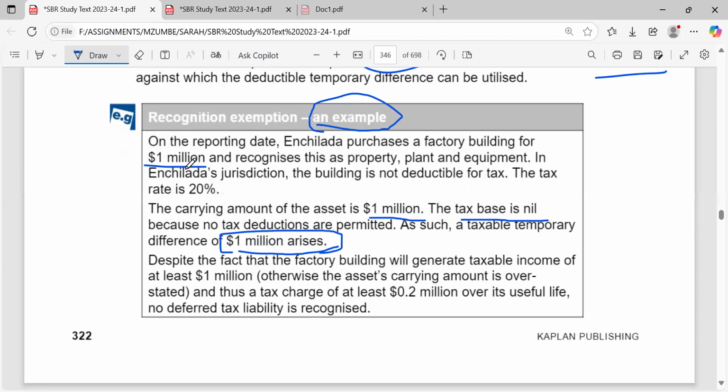It means 20% times $1 million of temporary difference. We get $0.2 million over its useful life. No deferred tax liability is recognized. You see this? So although we have the carrying amount and we have the tax base, still we cannot recognize the deferred tax liability, although the difference seems to be there, right?